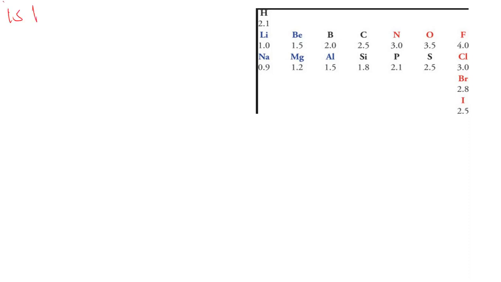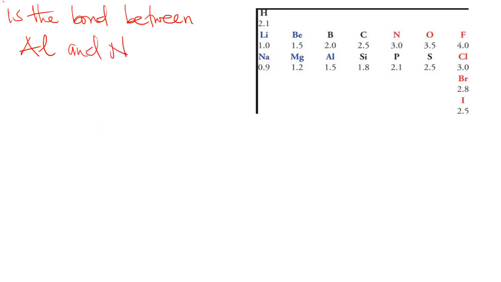Is the bond between aluminum and, which one should I take, N, aluminum and N, ionic or polar? So we put these together, aluminum and N.